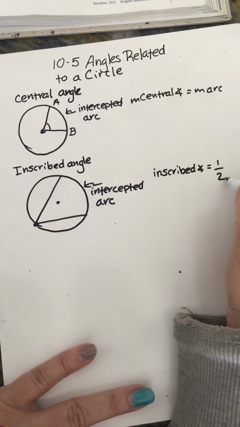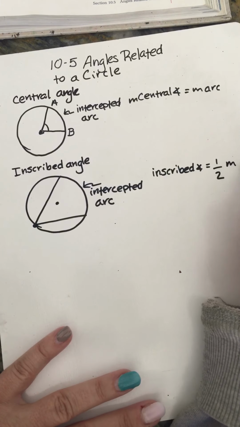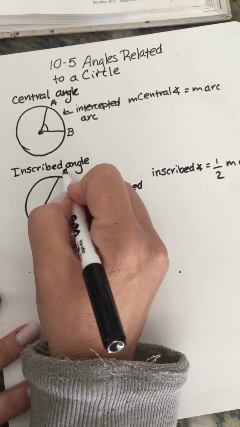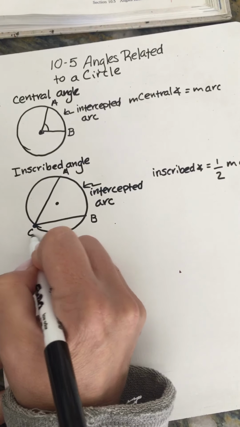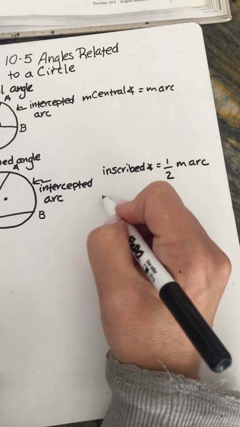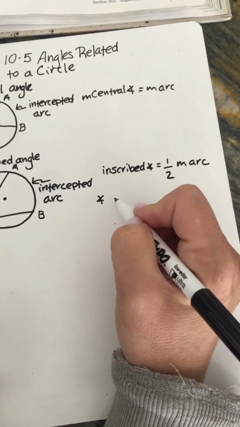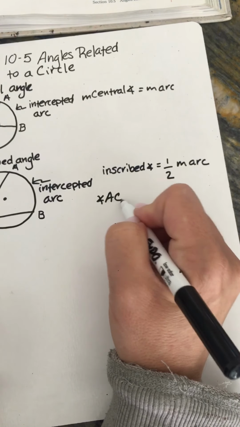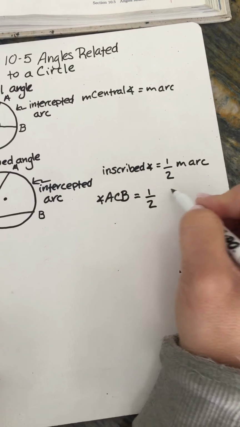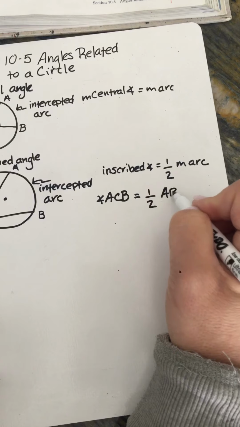So let's put some letters on here, this is A, this is B, we'll call this C. And so angle ACB equals half of arc AB.